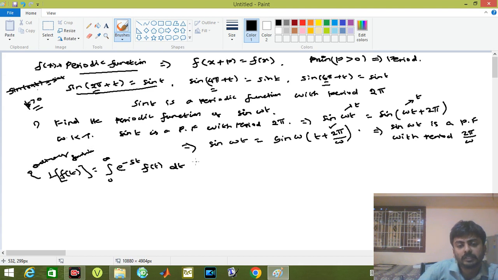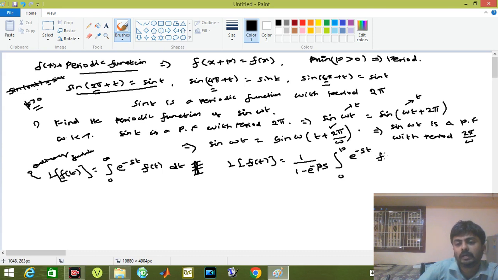For the periodic function, your Laplace transform of the periodic function will be L of f of t equal to 1 by 1 minus e power of minus ps, integral 0 to p e power of minus st f of t dt. This is for a periodic function.